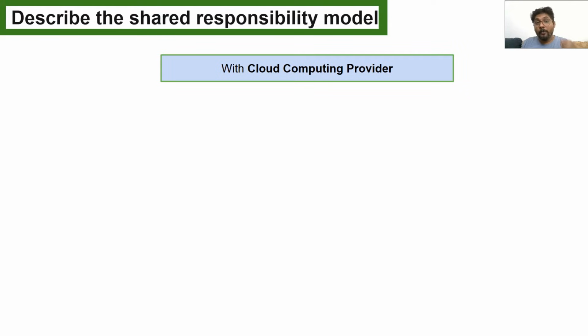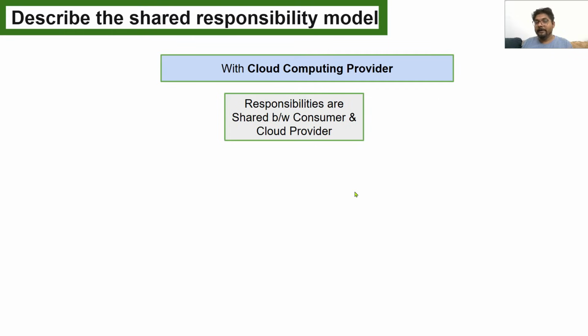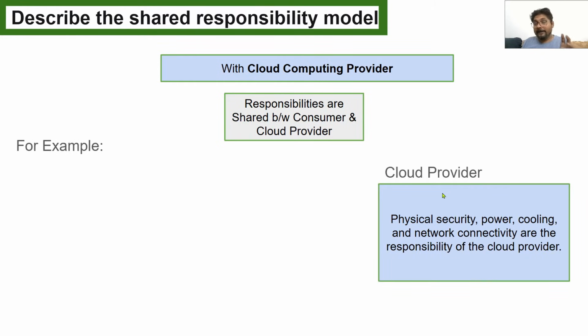However, when you go with a cloud computing provider, the responsibilities are shared between the cloud computing provider, such as Microsoft Azure, and the consumer, whoever is taking that service. For example, physical security, power, cooling, and network connectivity are the responsibility of the cloud provider. Just an example, there are many things, but this would be a responsibility of a cloud provider.